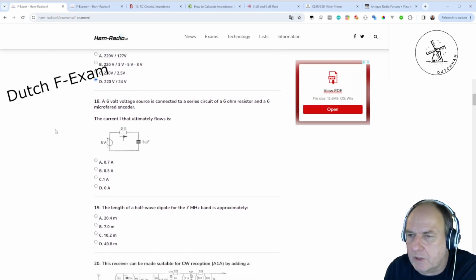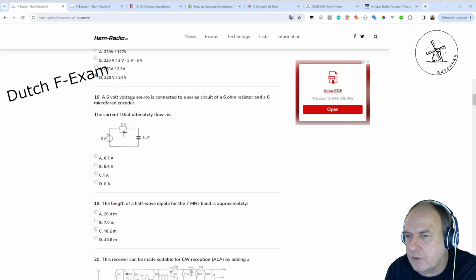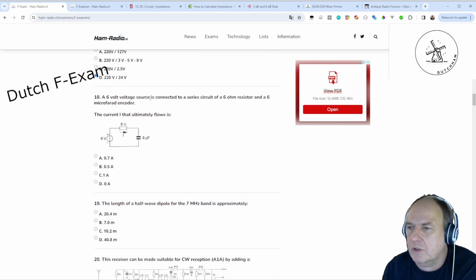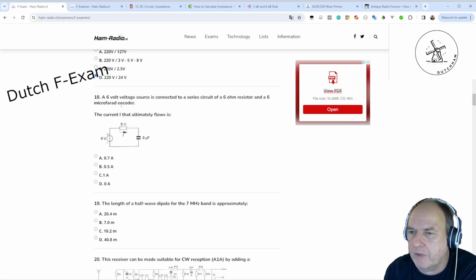Question 18. A 6 volts voltage source is connected to a series circuit of a 6 ohm resistor and a 6 microfarad encoder. The current... they probably mean, it's probably translated wrong by Google, it will be a 6 microfarad capacitor.